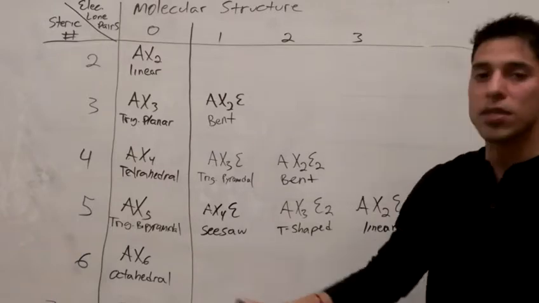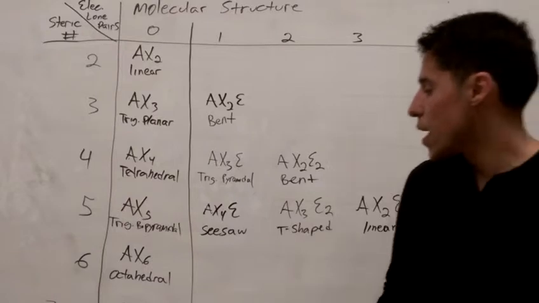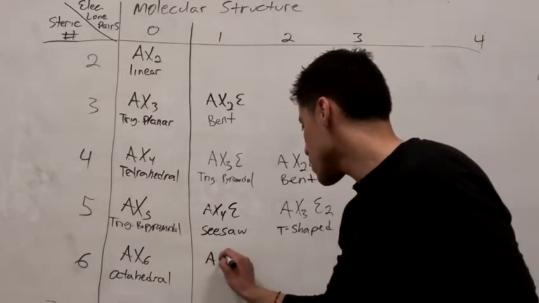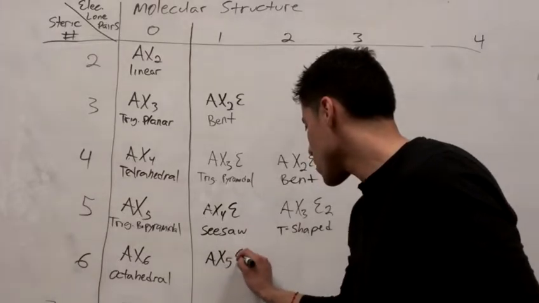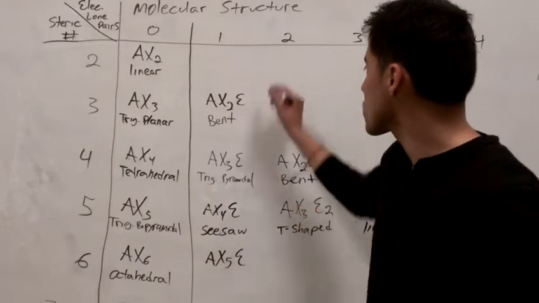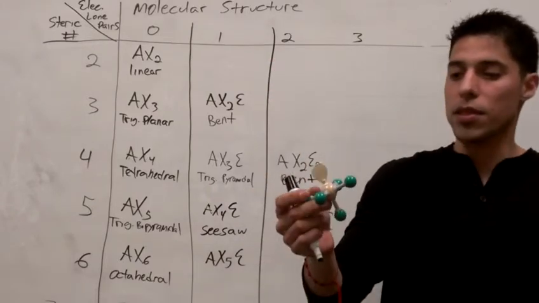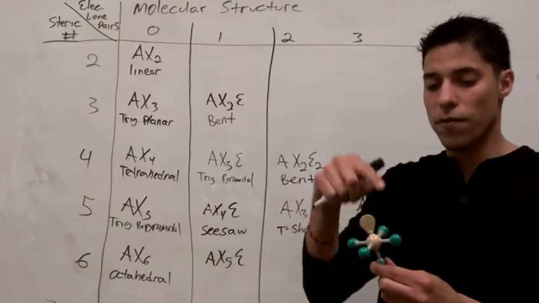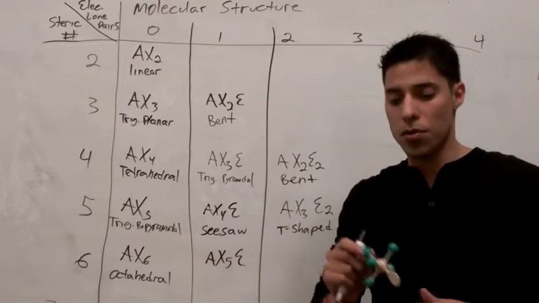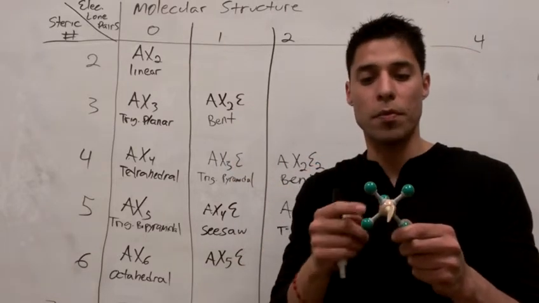Alright, so now moving to the steric number 6. The first one we're going to look at is an AX5E1 configuration. So 1 electron lone pair. So we have a molecule like this. AX5, 1, 2, 3, 4, E1 configuration. Now the name of this molecule, if we look at it on its plane, we form a square.